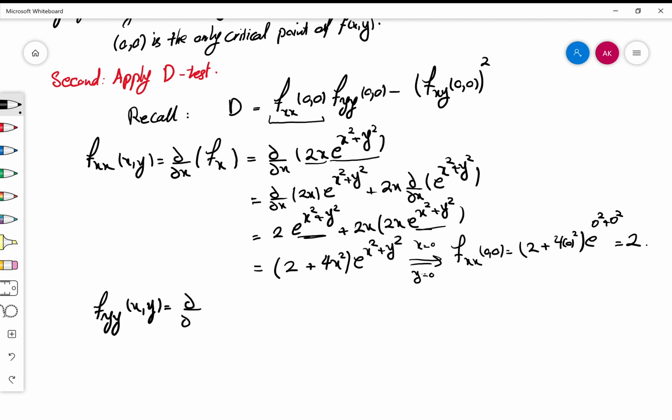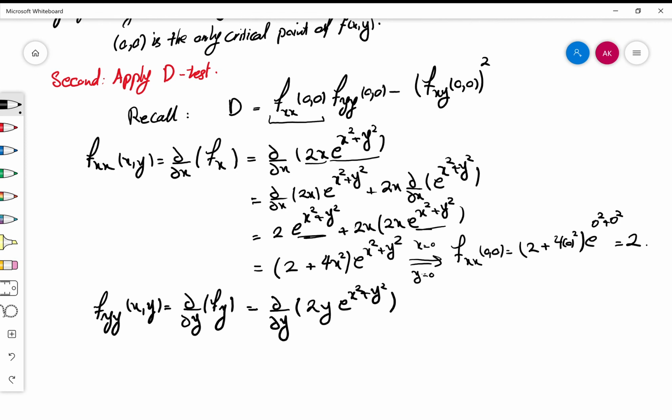Fyy is the partial derivative with respect to y of fy. And we know that fy, the first derivative with respect to y, is 2y e to the power x squared plus y squared.